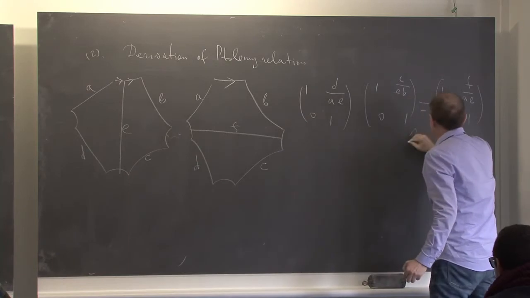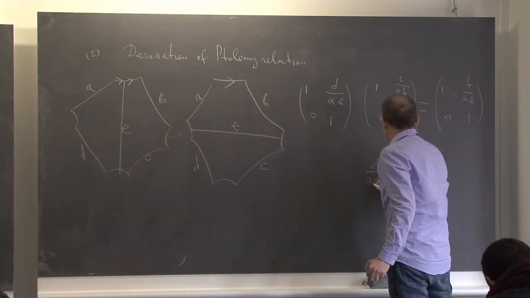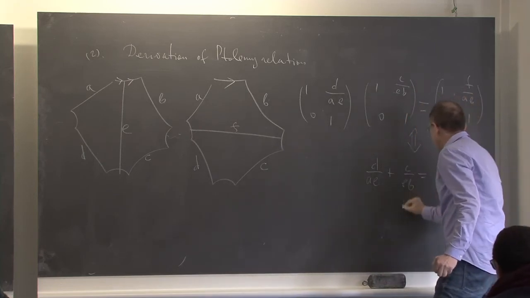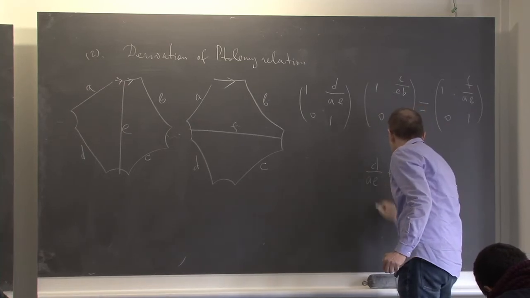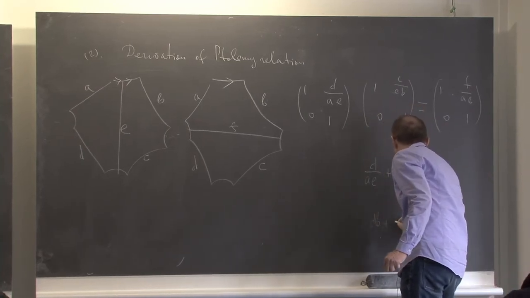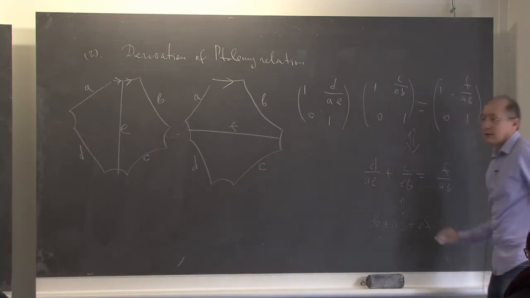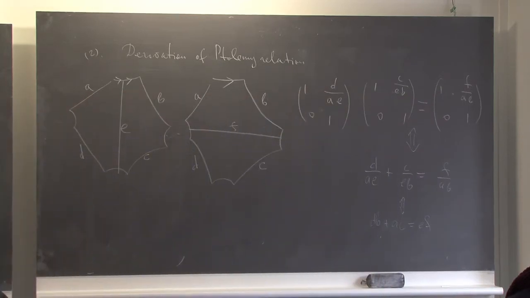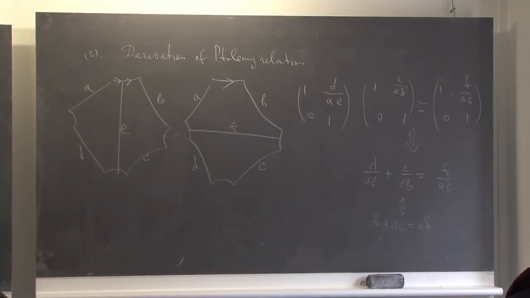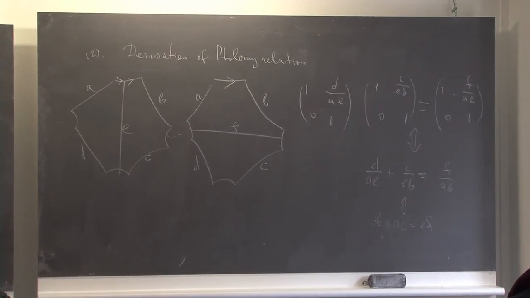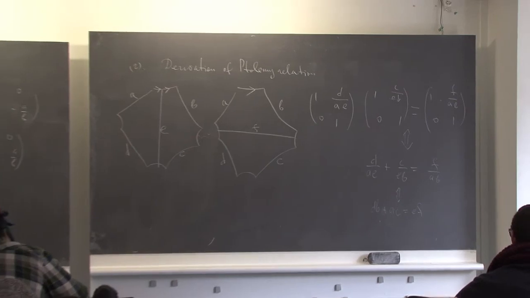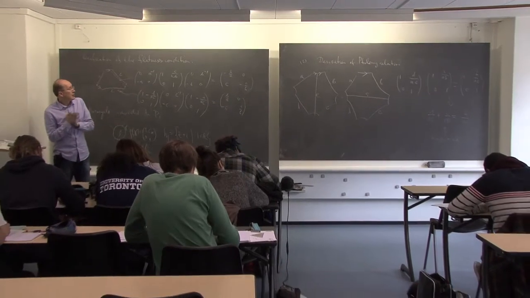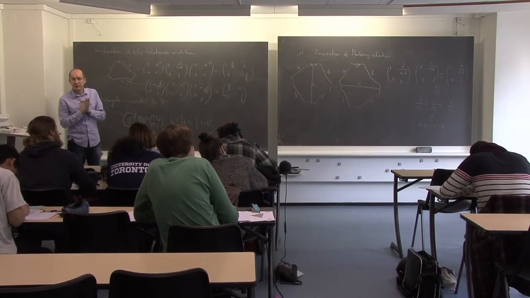This is equivalent to D over AE plus C over EB equals F over AB. And this is equivalent to DB plus AC equals EF. This is Ptolemy. So as soon as you have these rules of writing out the parallel transport operators, the Ptolemy relation comes very easily.